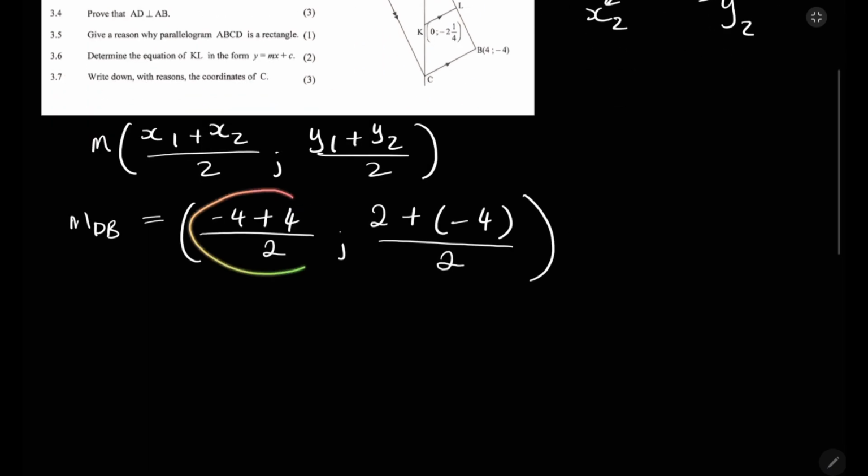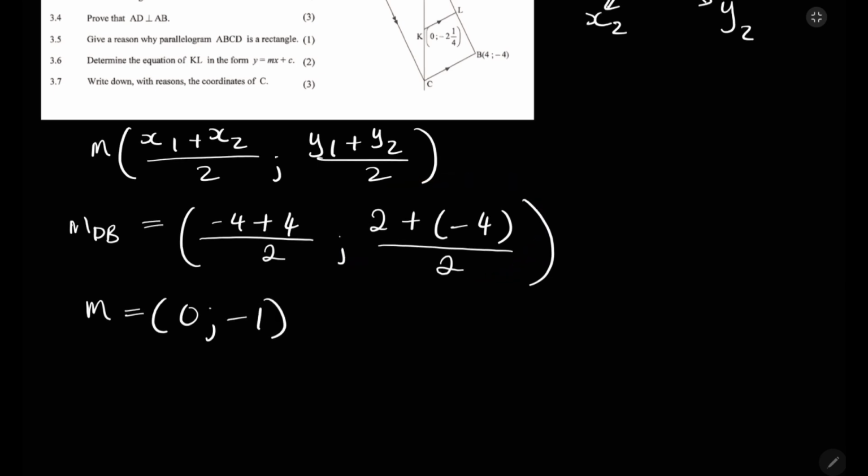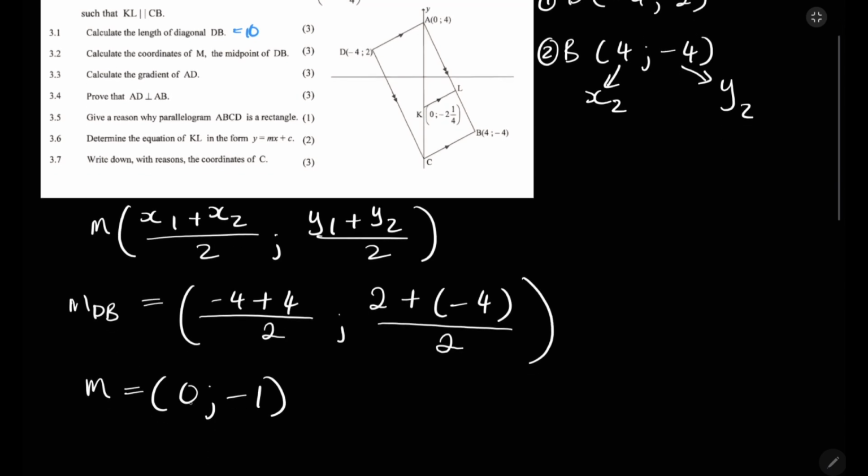So when you punch this in your calculator, your answer should be 0. And for the other one, your answer should be -1. So the midpoint of DB is (0; -1). The coordinates, I mean. Let's move to 3.3.